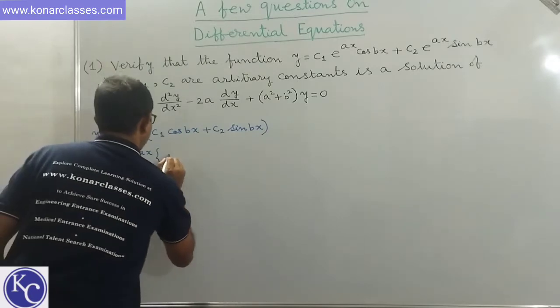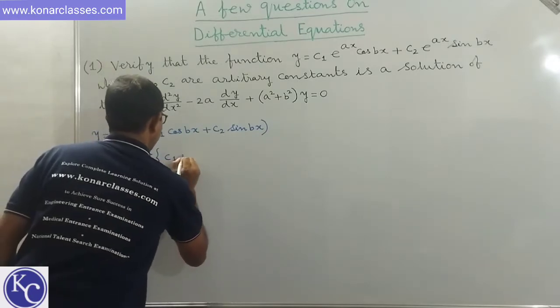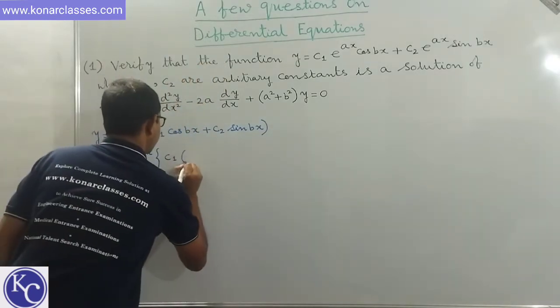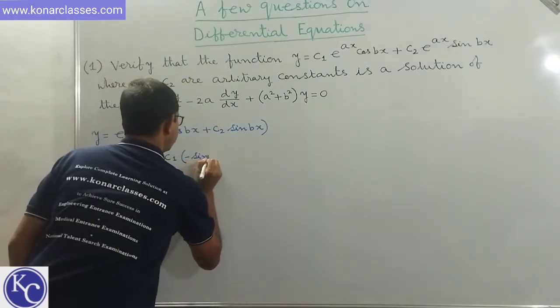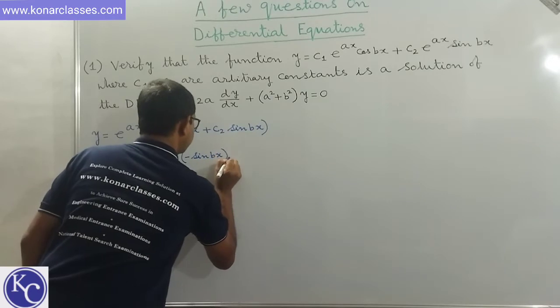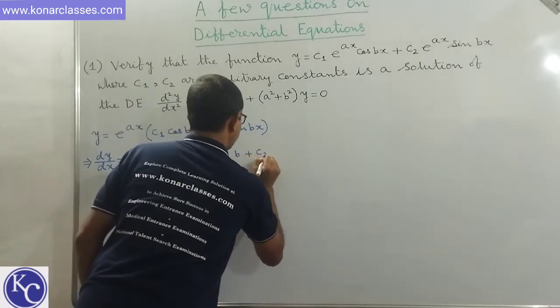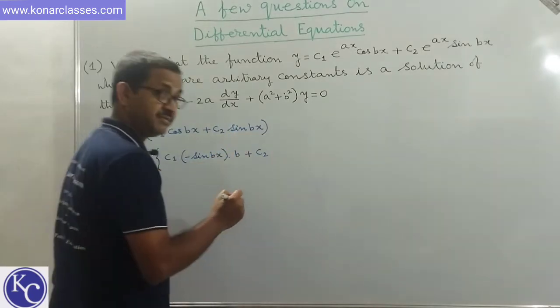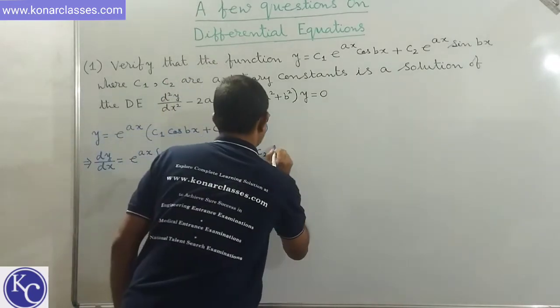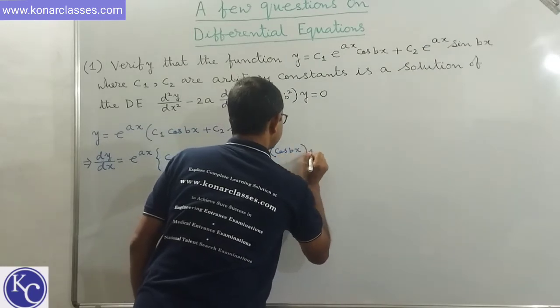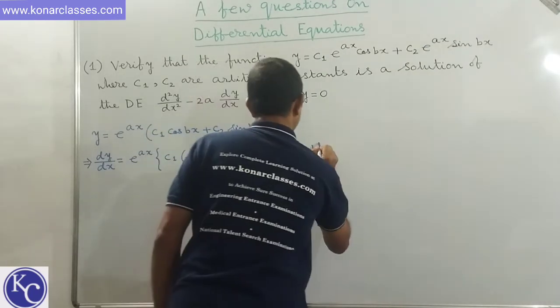What it will be? It will be c1 into differentiation of cos bx, which is minus sin bx, into differentiation of bx, which is b, plus c2 into differentiation of sin bx, which is cos bx, into differentiation of bx, which is b.